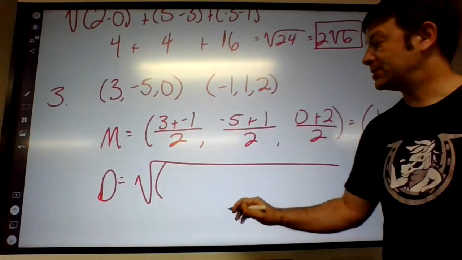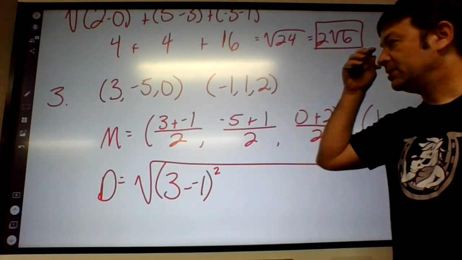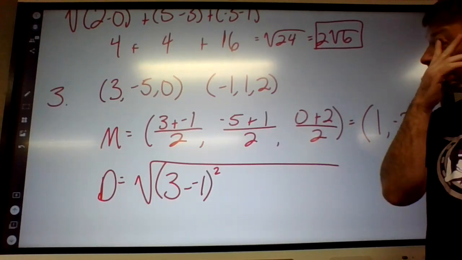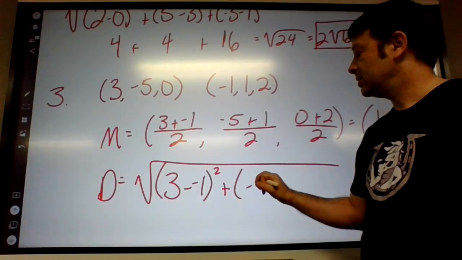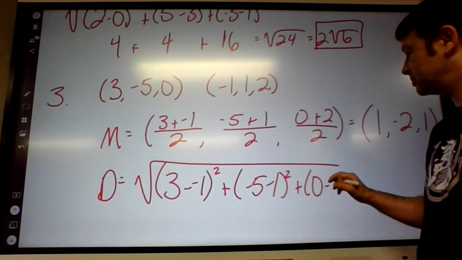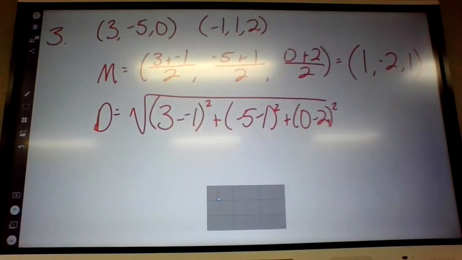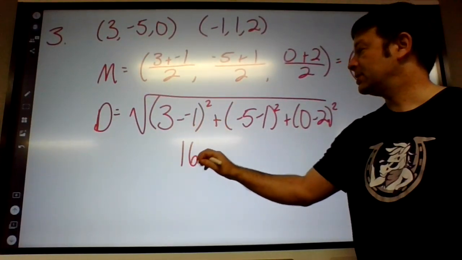And for the distance, x minus x. So you gotta be a little bit careful when you're subtracting negatives, right? That actually makes it a plus. 3 minus negative 1 is like plus 1. People get those wrong a lot. Four squared is 16.